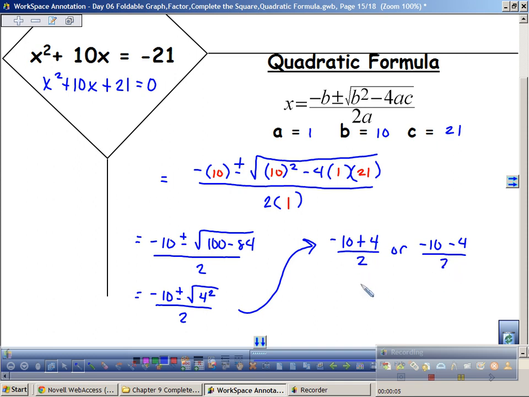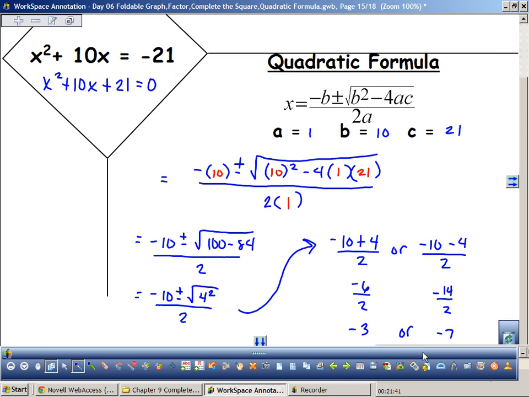What's this one? Negative 6 over 2, which is negative 3. And negative 14 over 2 is negative 7. And it's the same answer we've gotten all along. All right, you guys. Good job.